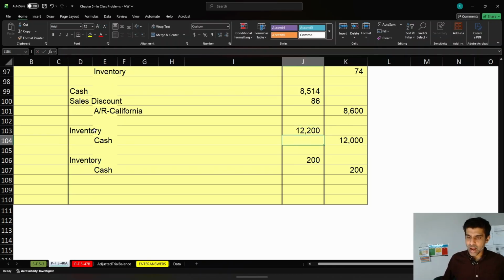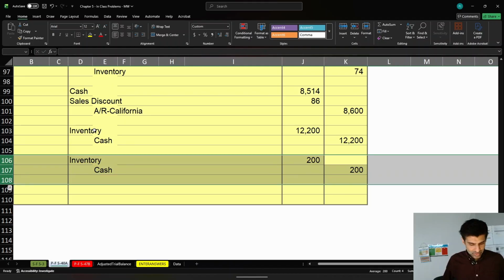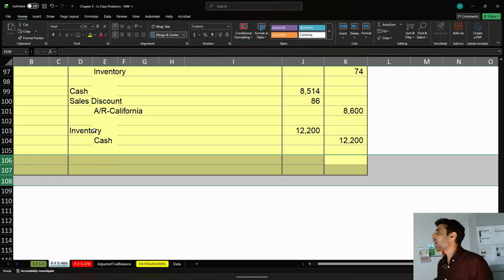Now, you have some discretion as the accountant how you want to do this, because all that matters in the end is that your ending balances are correct. Both of those two are going to give you the exact same balance for inventory and cash, but you would just have to write a memo so that the manager or whoever understood what was the economic reality of that journal entry, like what was going on, because it's not clear by just looking at it what was happening.